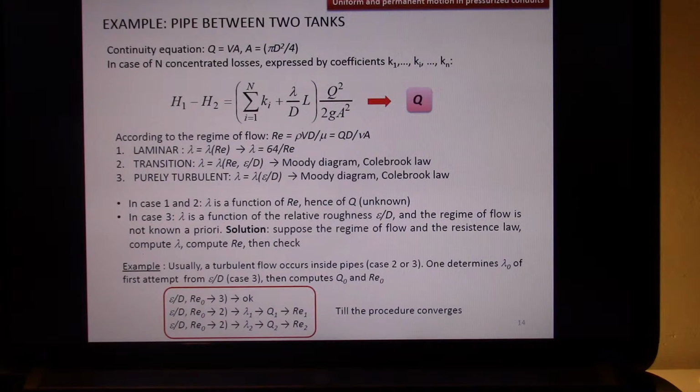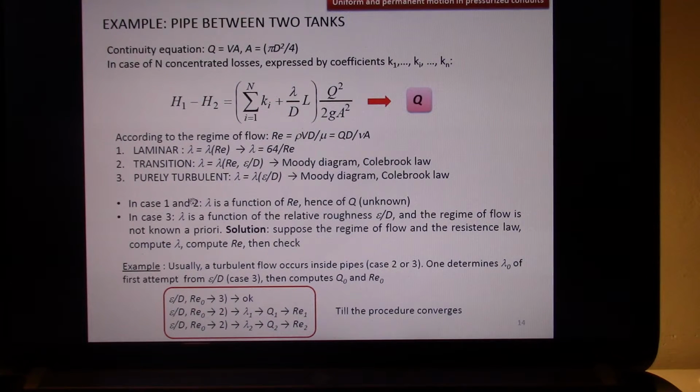So basically, lambda can depend on Reynolds, if we are in laminar condition, or it can depend both on Reynolds and the relative roughness, if we are in the transition regime, or otherwise, if we are in purely turbulent, it only depends on your relative roughness.